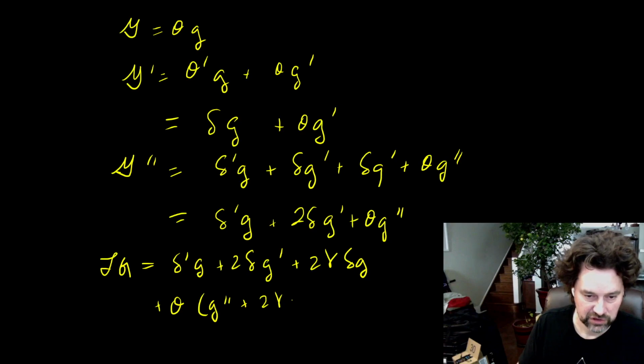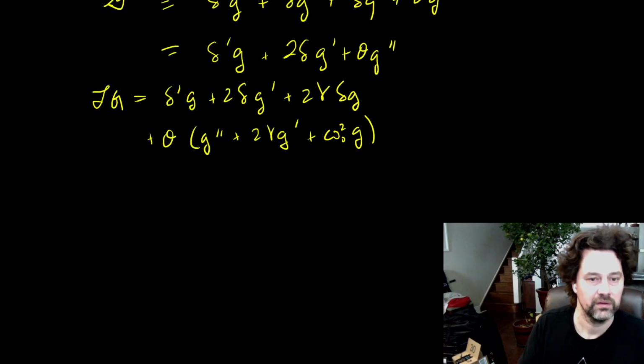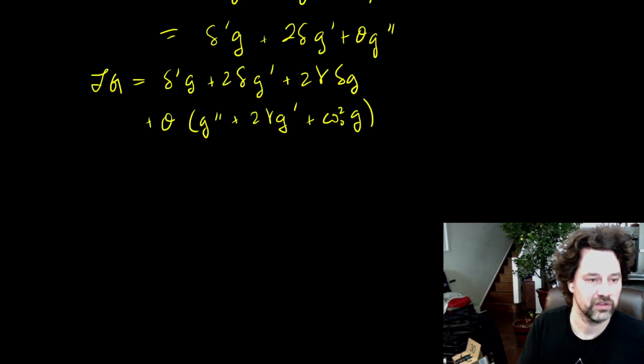And our last term, the 0th order term, is just omega naught squared g. There is our linear differential operator applied to our presumed Green's function.